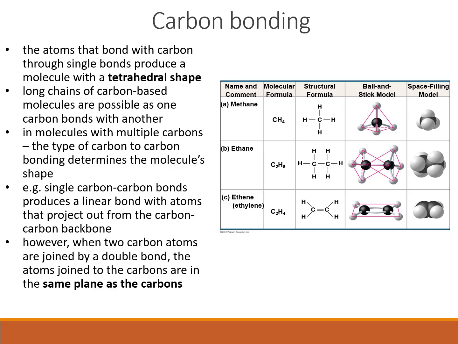But when you take that carbon-carbon single bond and turn it to a carbon-carbon double bond, look what happens to the other atoms bound to that carbon. You see how they basically flatten out to form more of a planar structure. So the carbon-carbon bonds are really, really important in determining the shape of the other associated atoms and ultimately the shape of the molecule that these carbons are found within.